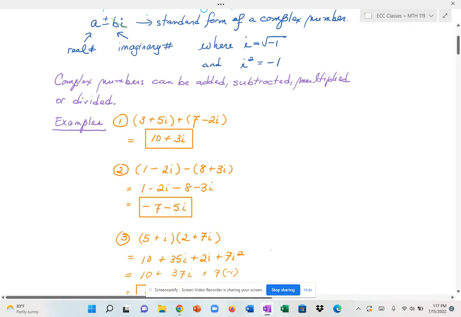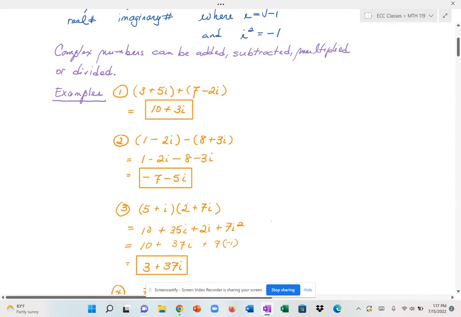In number three, we're multiplying. When you're multiplying two terms times another two terms, we use something called the FOIL method. FOIL stands for first, outer, inner, and last. So first is 5 times 2, that's 10.